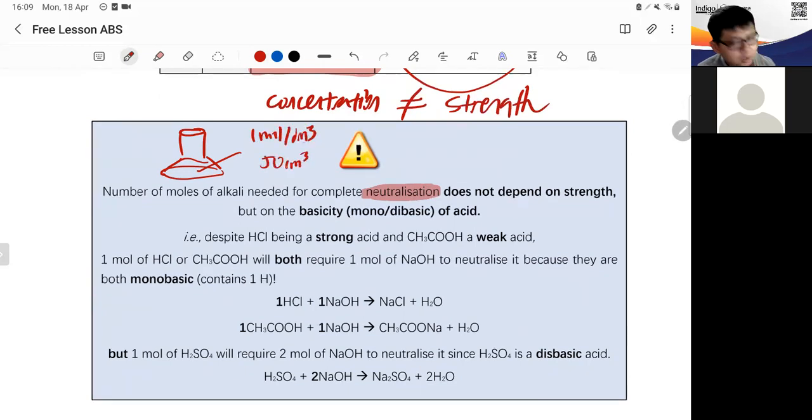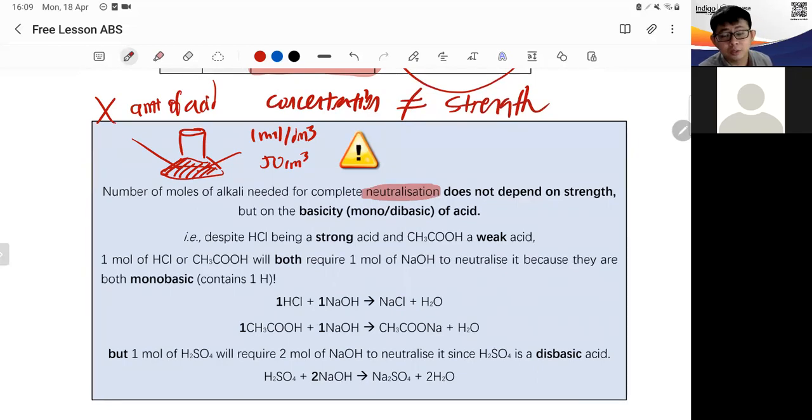This tells us that this acid has a particular concentration and volume, so within it there is X amount of acid. Going by mole ratio, going by the reaction between acid and alkali, you'll find that I will need a certain amount of alkali to neutralize it.